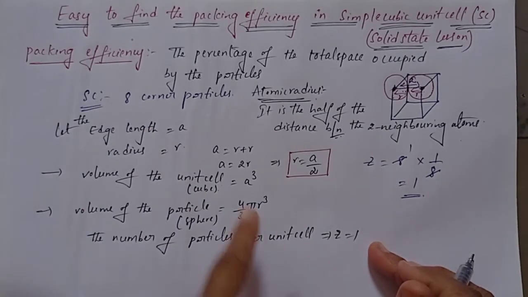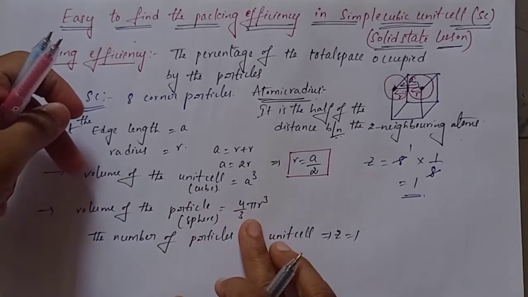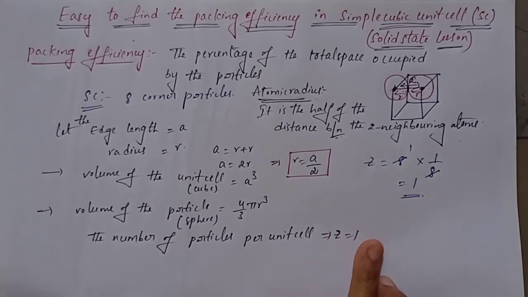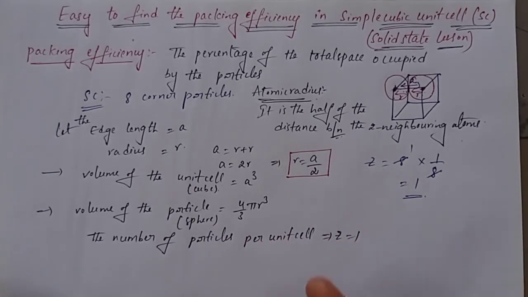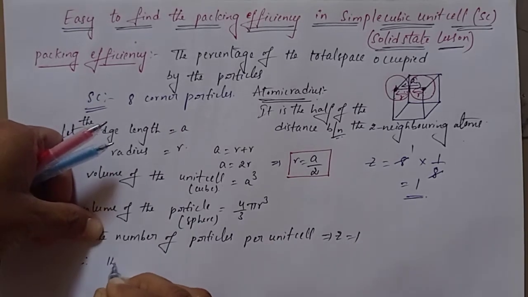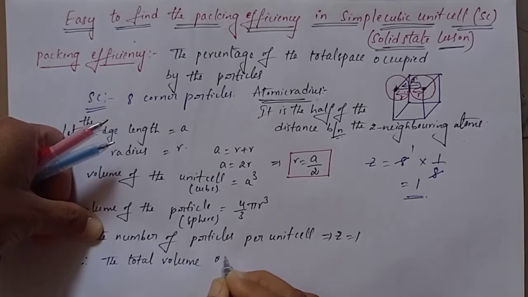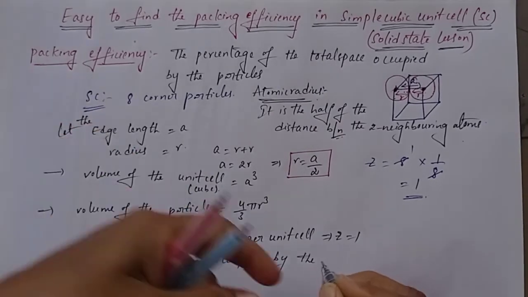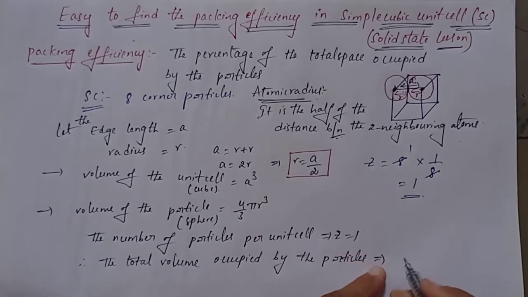Next, the volume occupied by the particles. The volume of the particle is 4/3 πr³. The total number of particles per unit cell, Z, is equal to 1. So the total volume occupied by the particles is equal to how much, students?